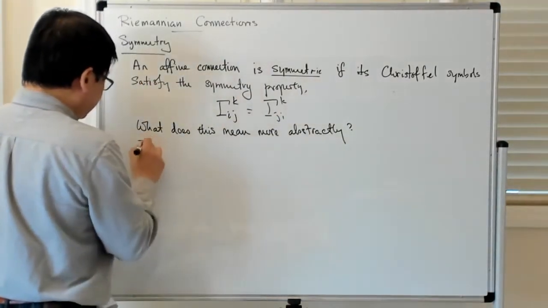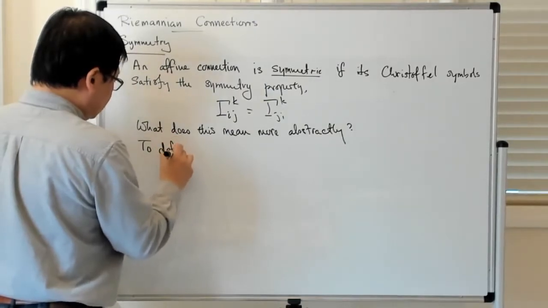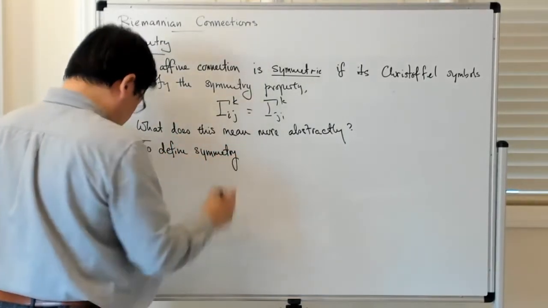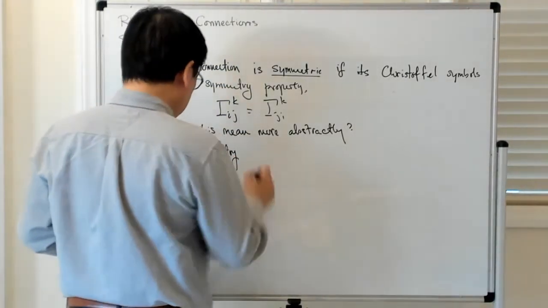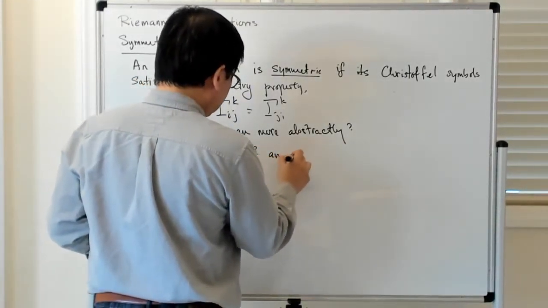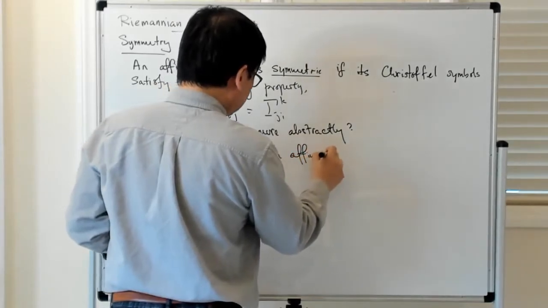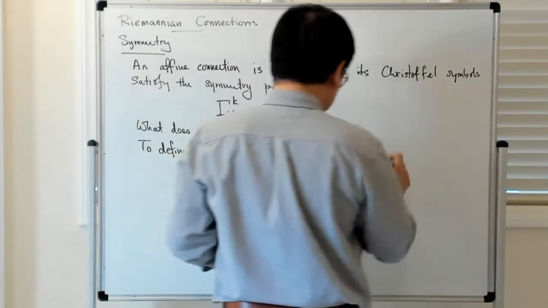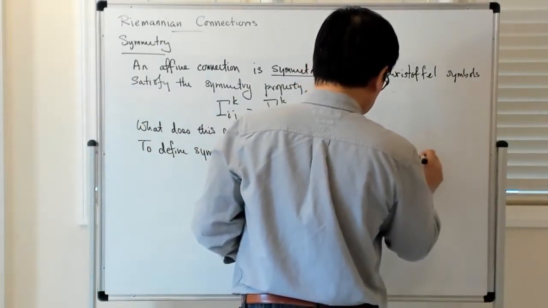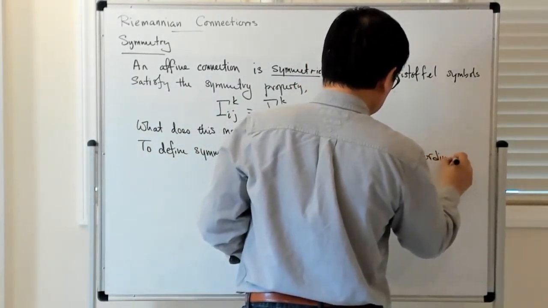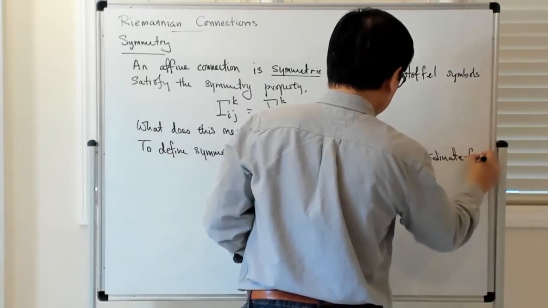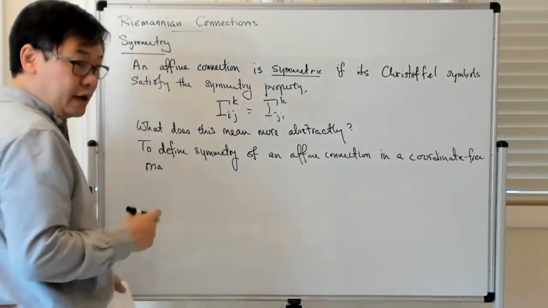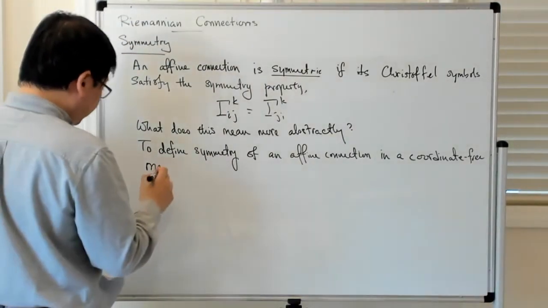So to define symmetry of an affine connection in a coordinate-free manner, we first have to introduce the idea of the Lie derivative of vector fields.